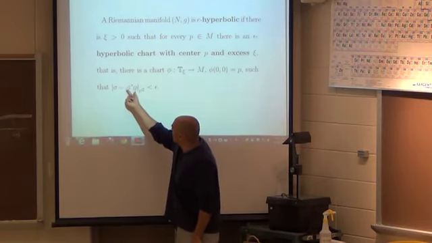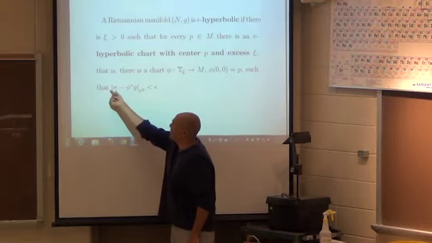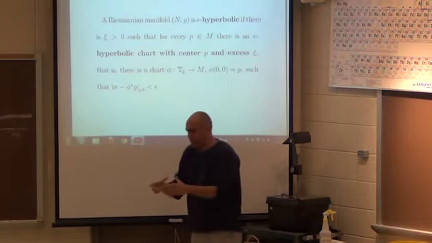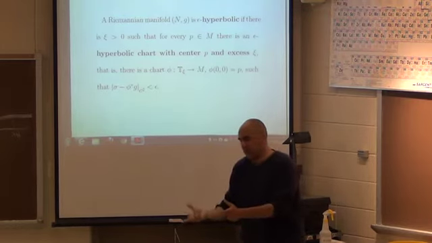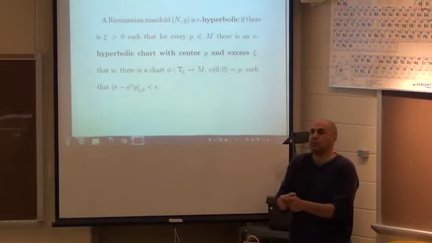So this metric in this chart looks very much like this one, up to epsilon. That's what I said, that a metric close to hyperbolic is one whose metric in a chart looks close to the canonical one in the model.